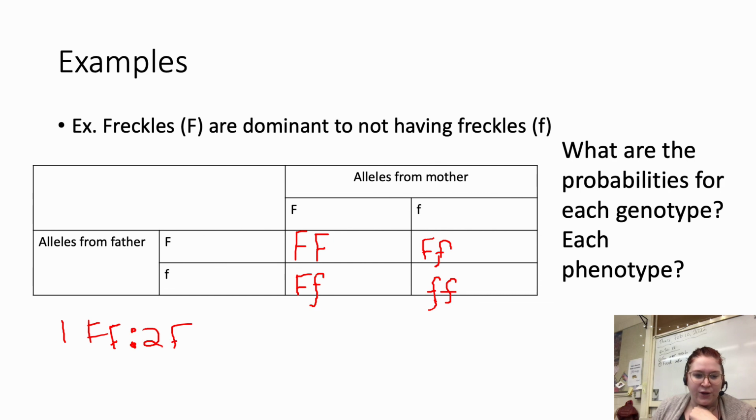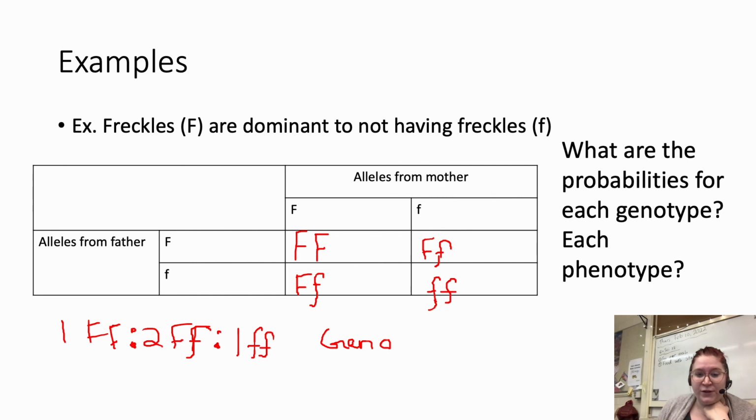These are both heterozygotes. Oh no, that's a little f. And we have 1 of the homozygous recessive, little f, little f. Okay, that's our genotype ratio.